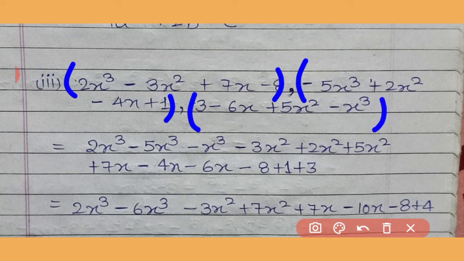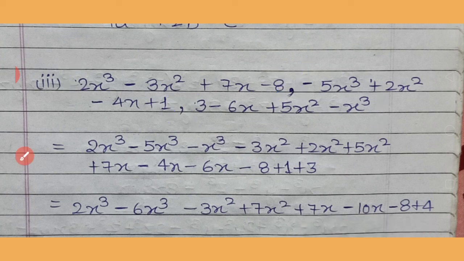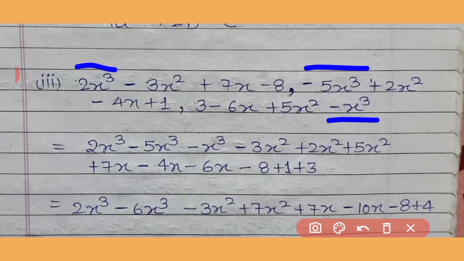Now firstly we will put together the like terms. For example, firstly 2x cube, minus 5x cube and minus x cube we will write. Then minus 3x square, plus 2x square and 5x square we will put together as I have written in the bracket.